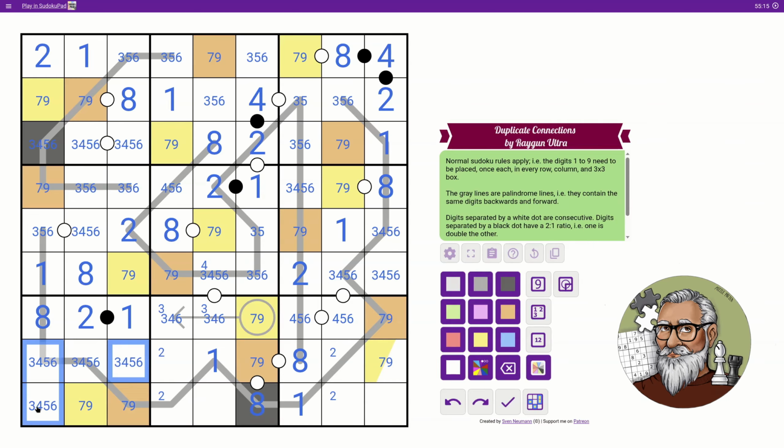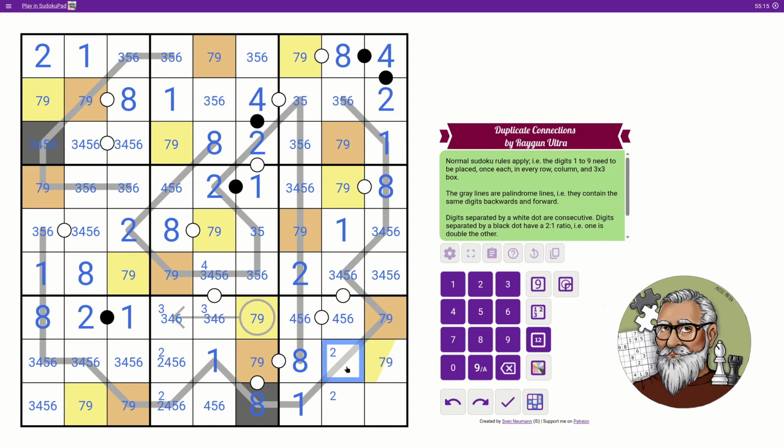For what it's worth. Now I have to figure out how to do this. There's definitely a 3 here. So these are from 2, 4, 5, 6. It's definitely a 2 and definitely a 5. 2, 4, 5, 6. It's this one.